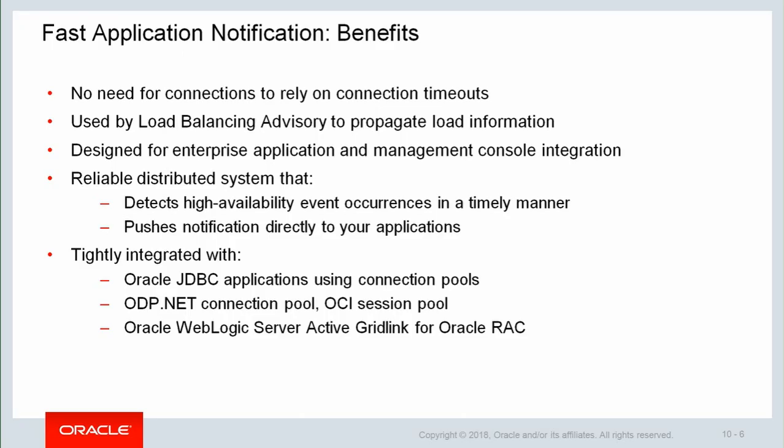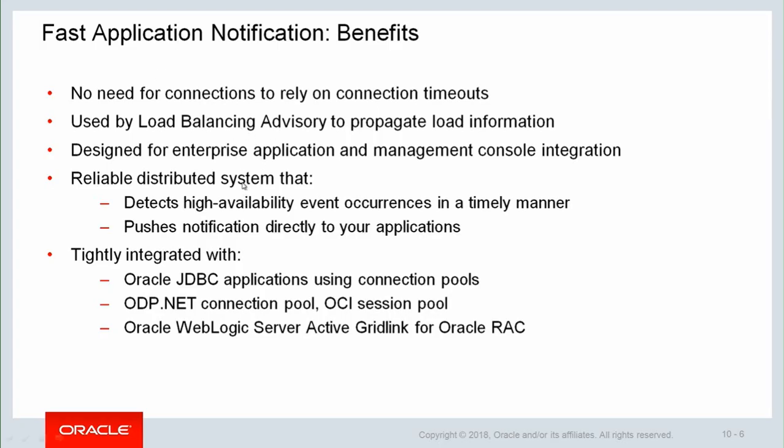In the previous page, we saw that a FAN message can include high availability information. This is to share with the application as quickly as possible through the FAN mechanism. In addition, we also can use FAN to share runtime load balancing information as well.